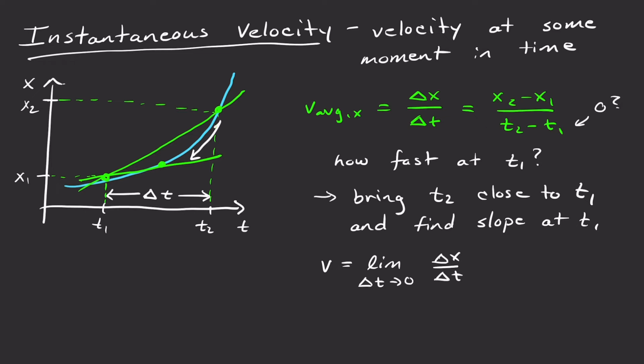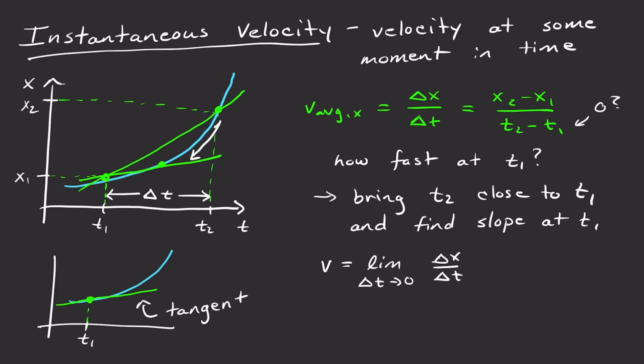Okay, so if you imagine our position graph, and you were to draw a line that represented the slope at t1, this is called a tangent line.